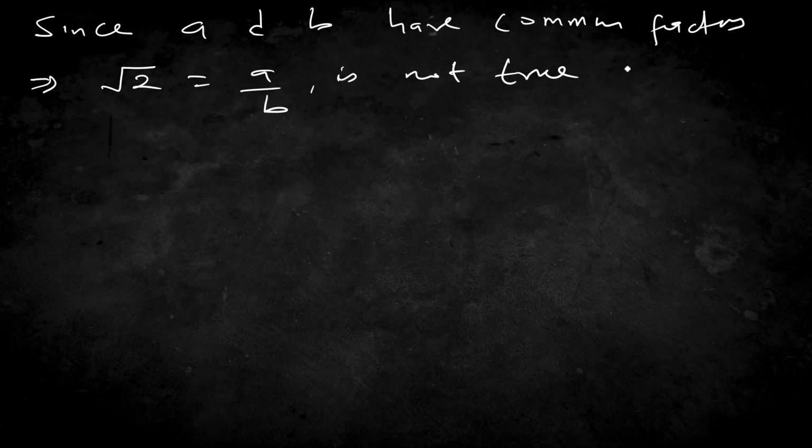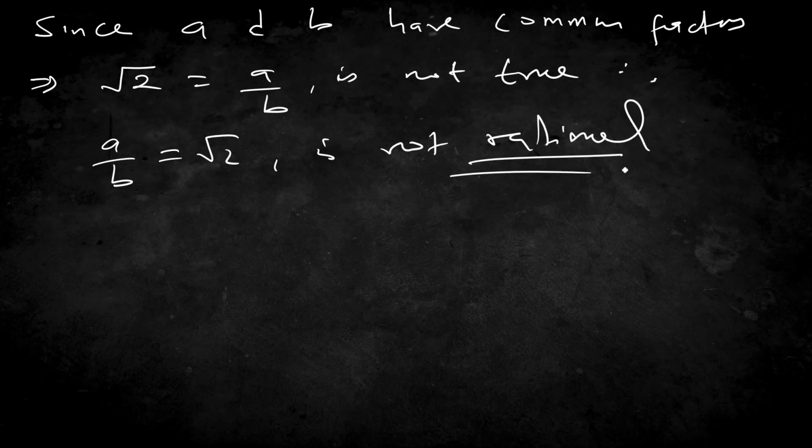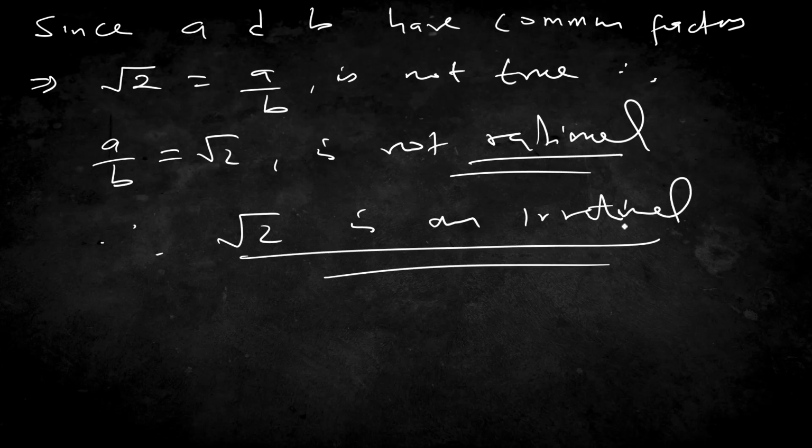Hence, a over b is not rational, as simple as that. Therefore, the square root of 2 is an irrational number. All right, as simple as that.